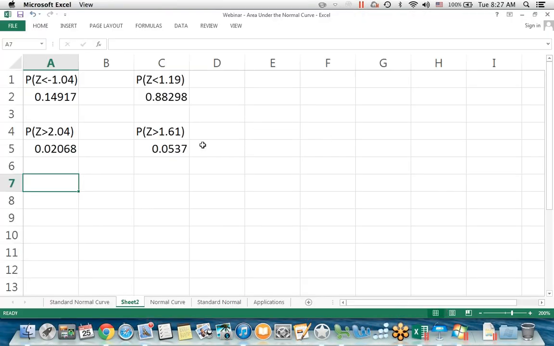So I said that we're going to do number 5 and number 7. Number 5 is asking us the probability, open parentheses, of z being between negative 0.34 and 1.03.